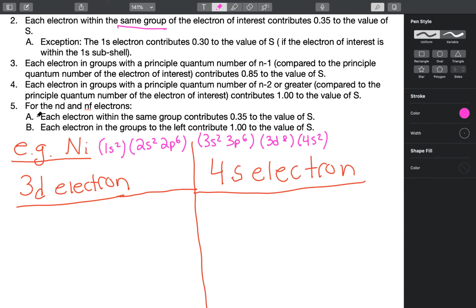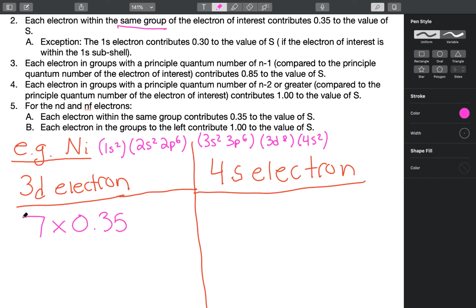So 5a states that each electron within the same group contributes 0.35 to the value of S. So all I have to do is look at my group, in this case my 3d8 group, and multiply the number of electrons within that group minus 1 times 0.35. So instead of multiplying 8 by 0.35, we only multiply 7 times 0.35.